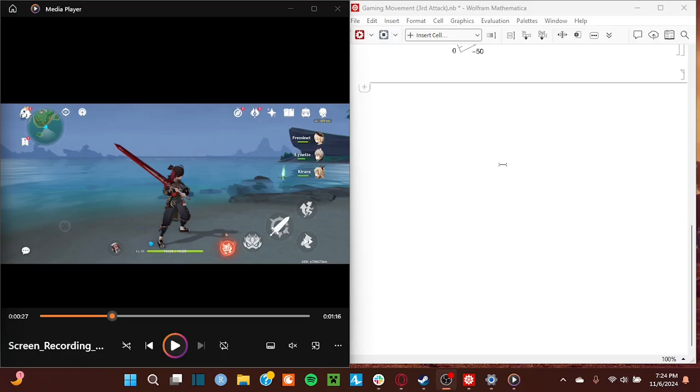Now, in order to get speed and acceleration, you need to have specific equations, and especially if we are measuring something in 3 dimensions, like for example, this character, Gaming, and his sword skills in Genshin Impact, then we want to find an initial equation for this, and then find the speed equation and the acceleration equation so that we can determine how much force he's putting behind a specific swing.